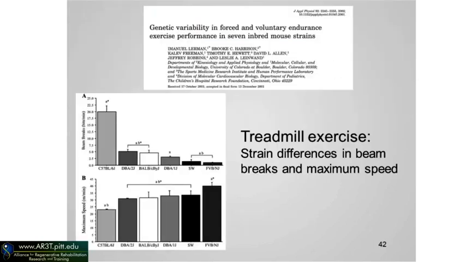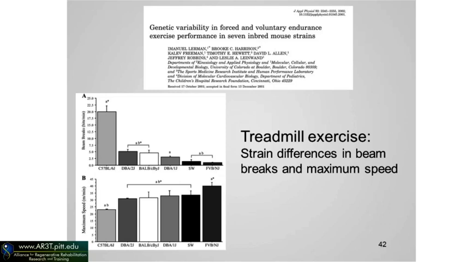So this is treadmill exercise. I want to introduce another aspect to think about when you're trying to add this to your preclinical regimen. There are strain differences just in mice alone on how they perform on the treadmill. This is monitoring a beam break.